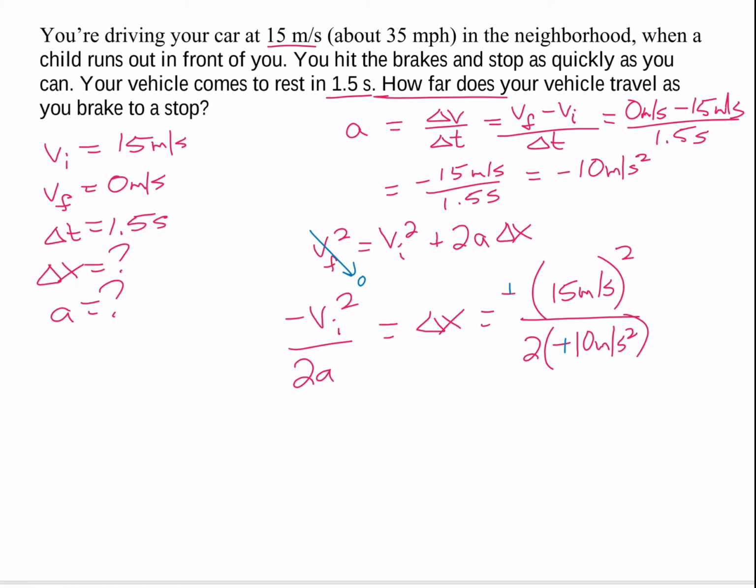So now if I go to my calculator, I don't have to type as much. I have 15 squared, divide by 20 instead of 2 times 10. So 15 squared is 225. Now, I could divide by 10 and move the decimal over 1, 22.5, and then multiply by 2, 45. Okay, so I have 45.